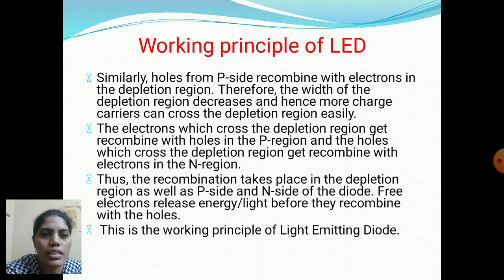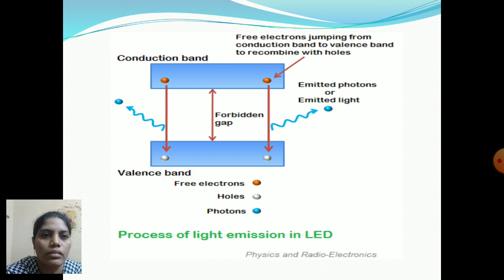Free electrons release energy in the form of light. So this is the working principle of light emitting diode. So here we can see free electrons moving from the conduction band to the valence band.